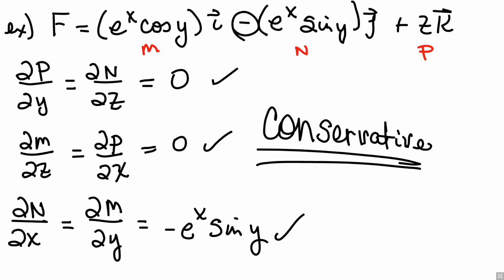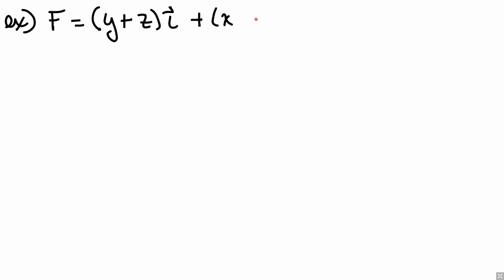Next, in the next set of examples, we're going to find a potential function f for the field F. Our first example is this. We have that F is equal to y plus z in the i direction, plus x plus z in the j direction, plus y plus x in the k direction.